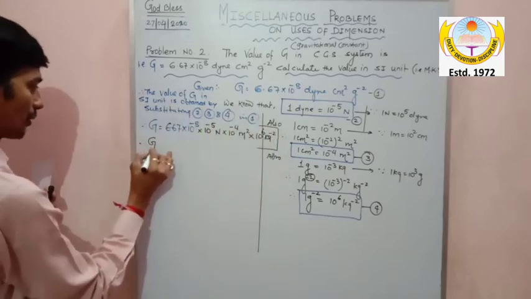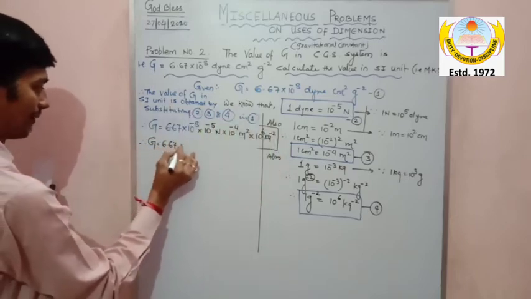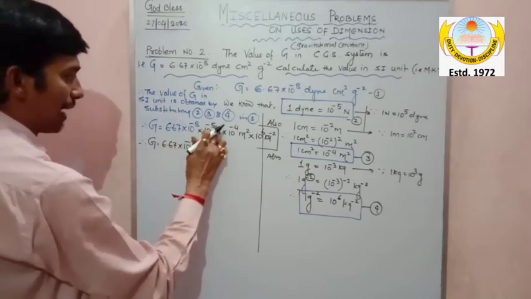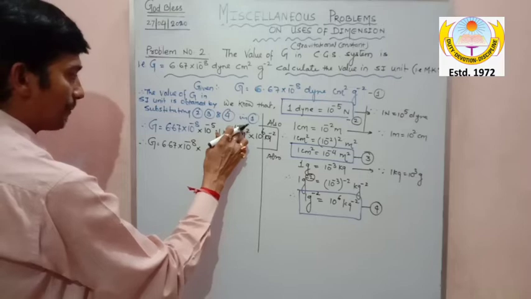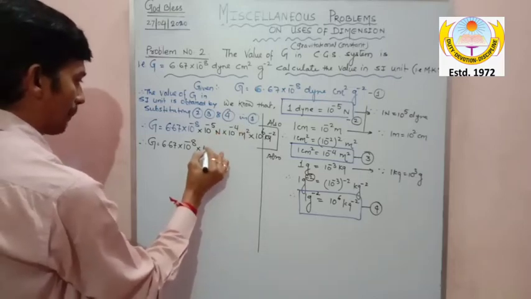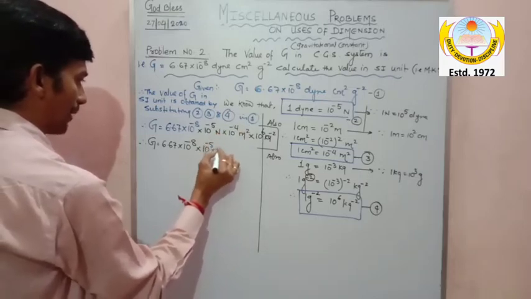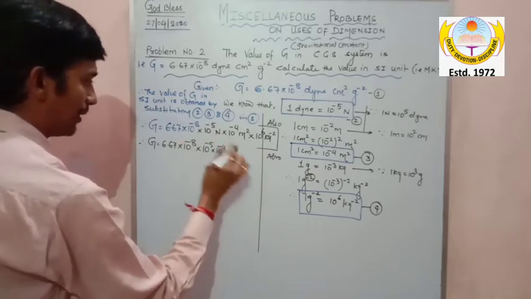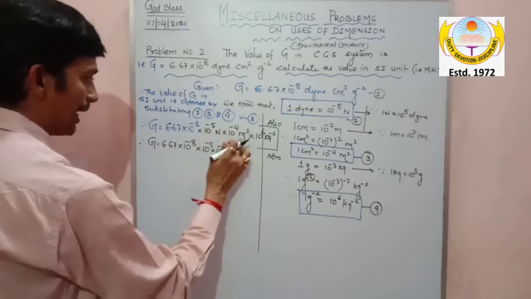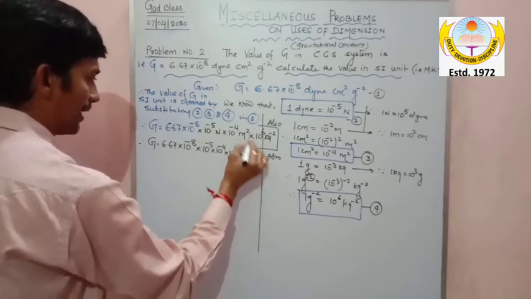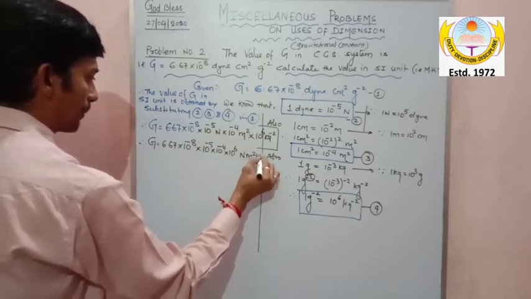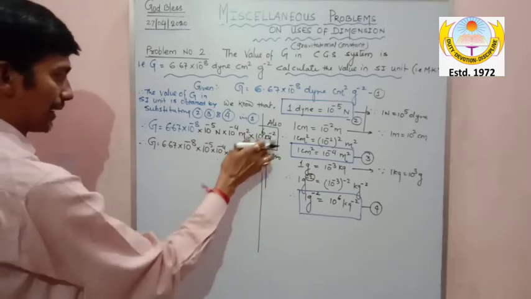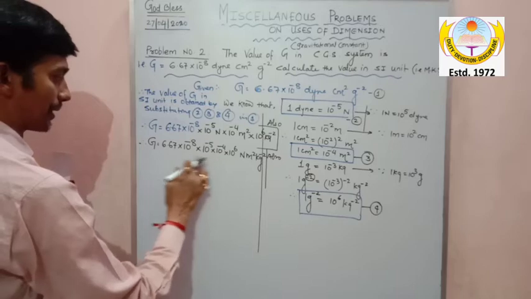Therefore, G is equal to 6.67 into 10 to the power minus 8 into minus 5, minus 4. Right? So I will write everything together: 10 power minus 5 into 10 power minus 4 into 10 power 6. And I will write the unit now: Newton, here it is meter square and here it is kilogram power minus 2, and their powers I have written here.